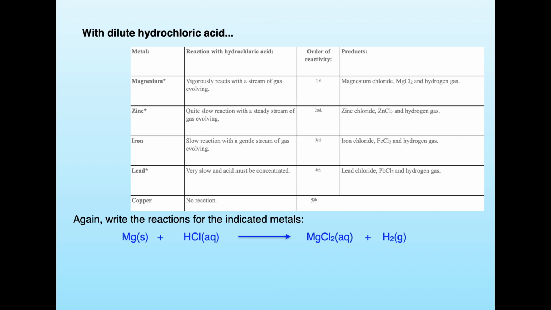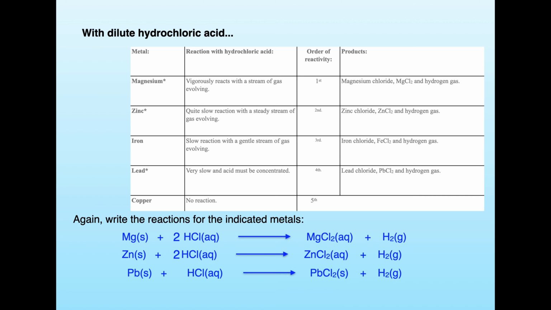Okay, there's the equation for magnesium. It needs to be balanced. And a 2 in front of the HCl does the trick. For zinc, same balancing, same valency. And for lead, same balancing because it has the same valency. There's one slight difference in the lead and hydrochloric acid equation.